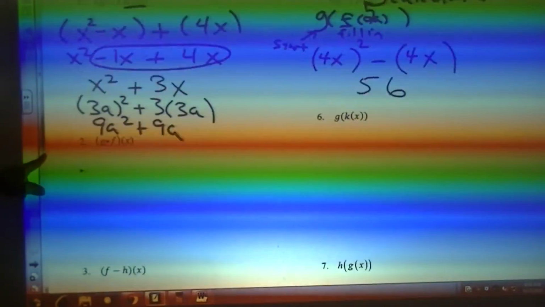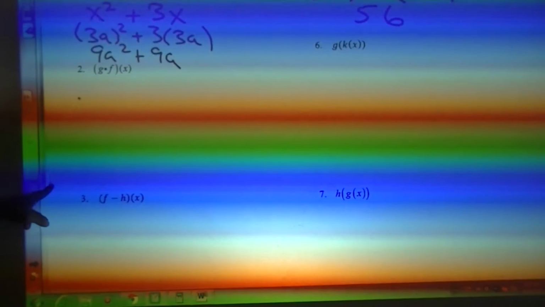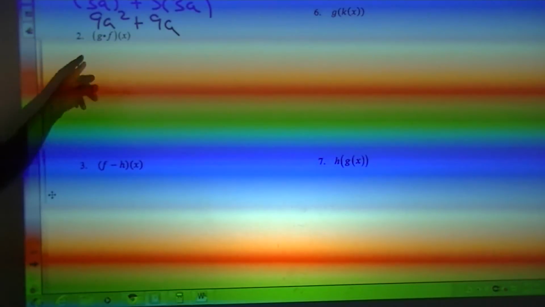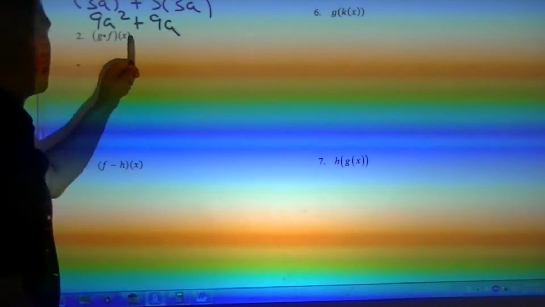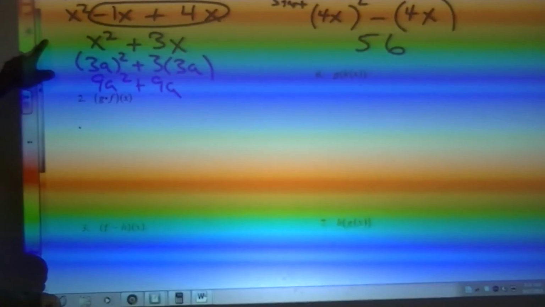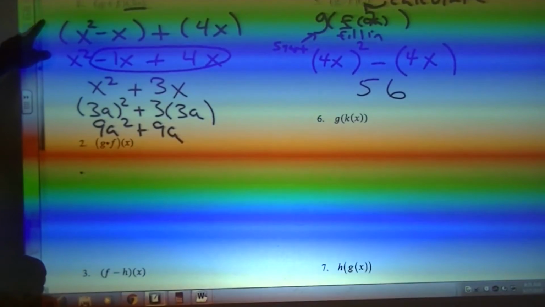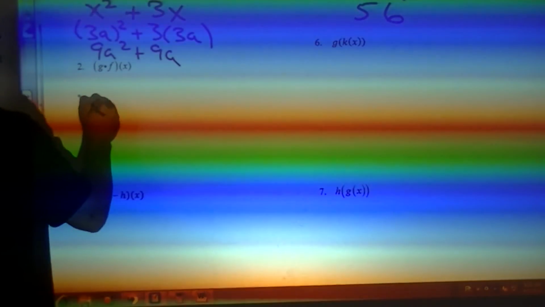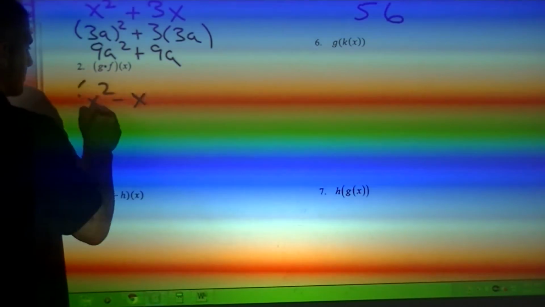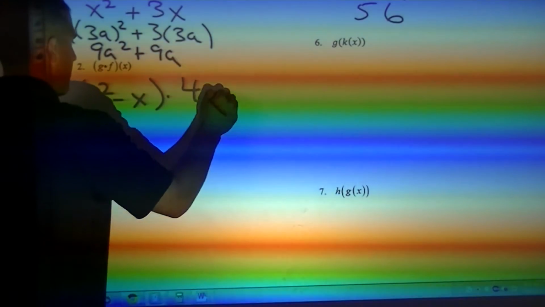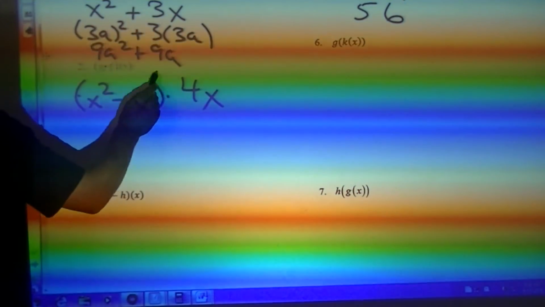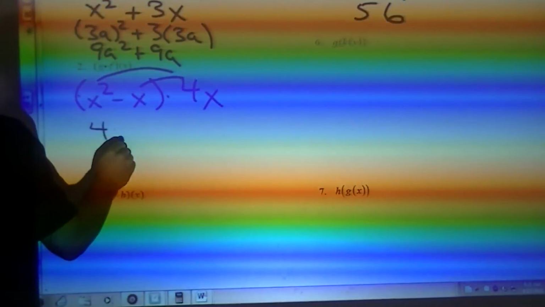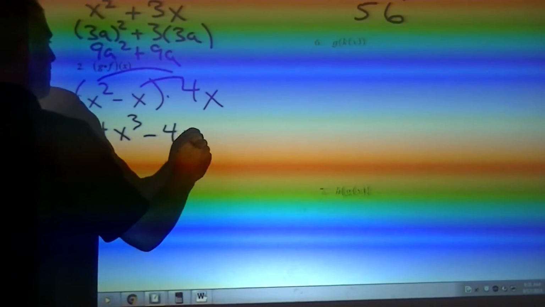Now this problem right here is a little bit different. That means multiplication. The G function here is x squared minus x, and the F function is 4x. So I'm going to multiply here. All this means is I'm going to multiply that, and that's going to be 4x cubed minus 4x squared.